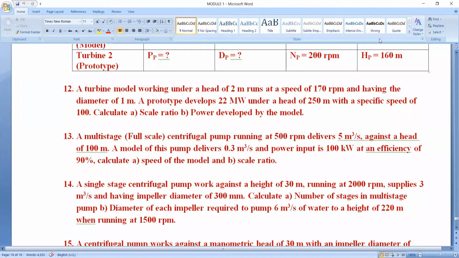Yes, students, once you have completed, please respond. Because in today's class, we are going to focus on the question paper problems as well, the previous year question paper problems.